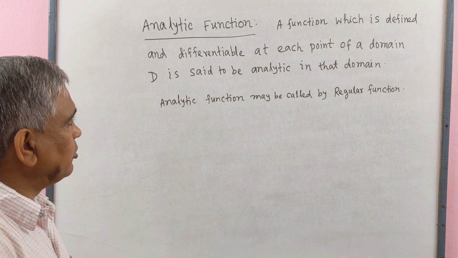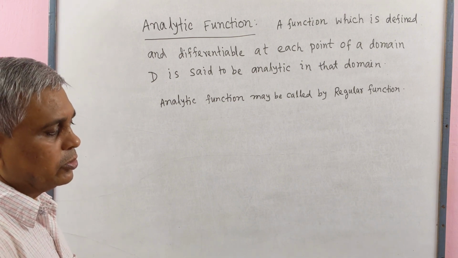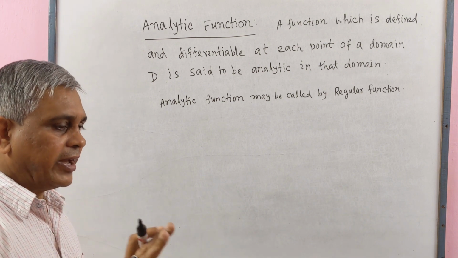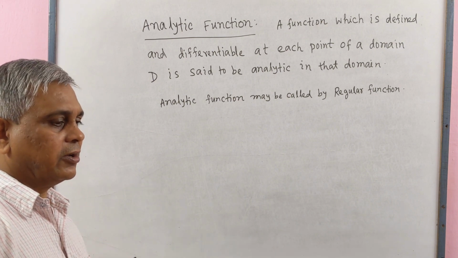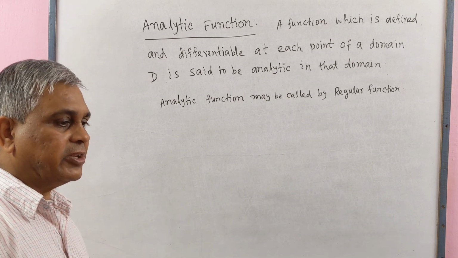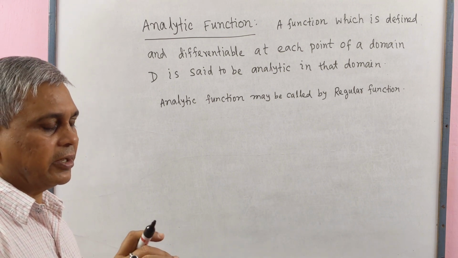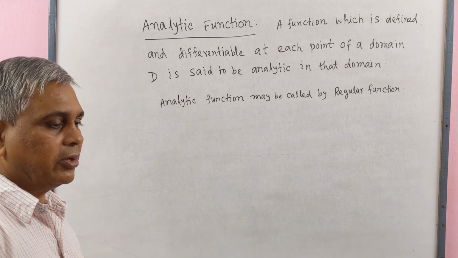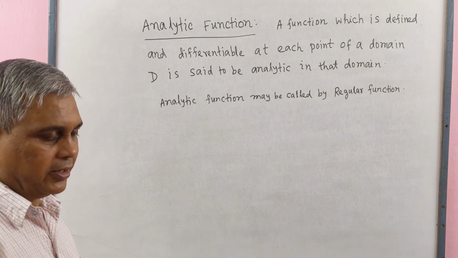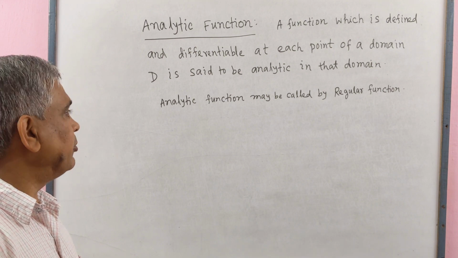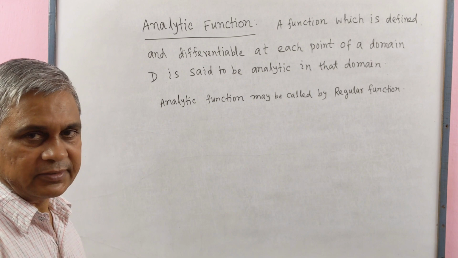We have to remember that we have to examine whether at each point of the domain the function is differentiable or not. If it is not differentiable at any particular point, then it is not analytic. The second name of analytic function is regular function.